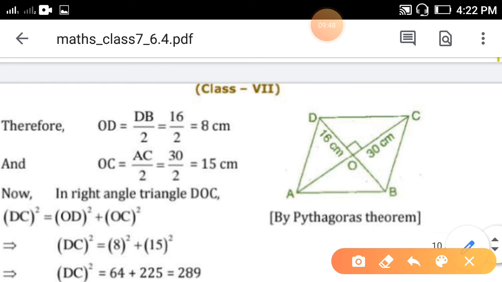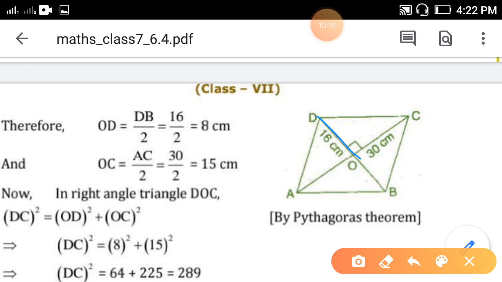So consider this right angle triangle, because a 90 degree angle forms, since the diagonals of a rhombus intersect each other at 90 degrees.